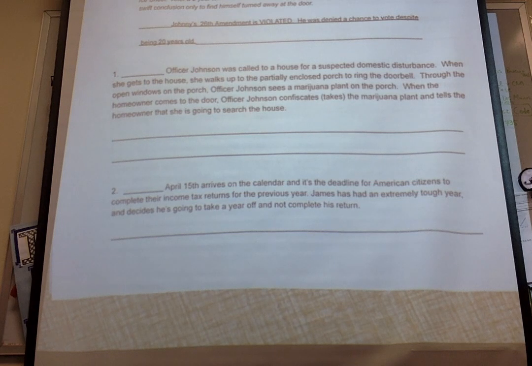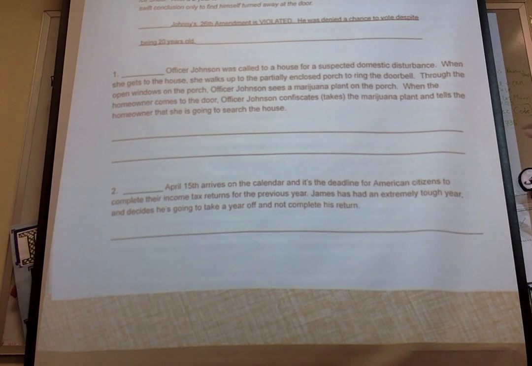When the officer gets to the house, she walks up to the partially enclosed porch to ring the doorbell. Through the open windows up on the porch, Officer Johnson sees a marijuana plant on the porch. When the homeowner comes to the door, Officer Johnson confiscates or takes the marijuana plant and tells the homeowner that she is going to search the whole house.